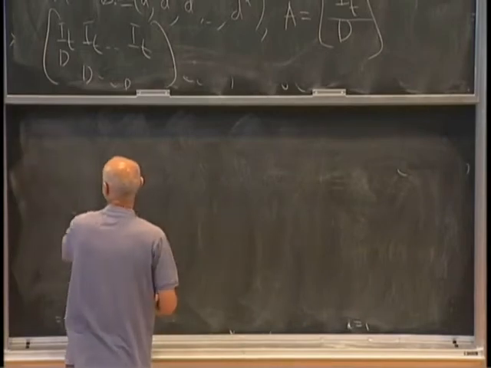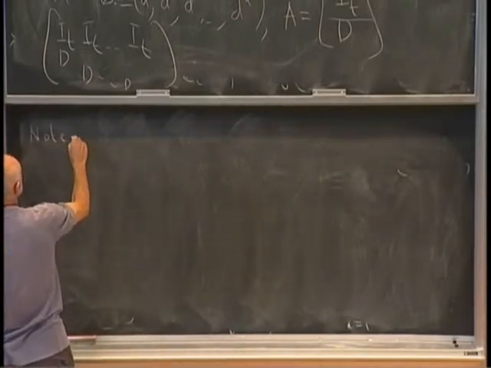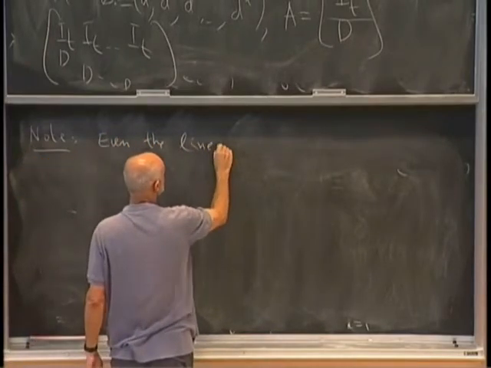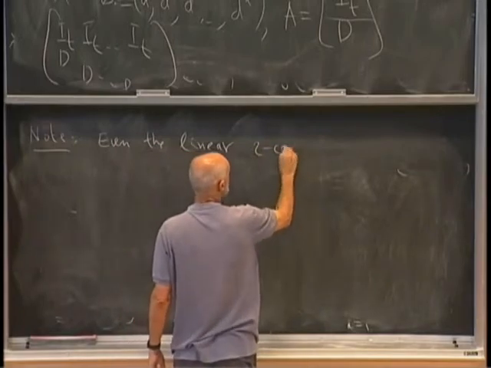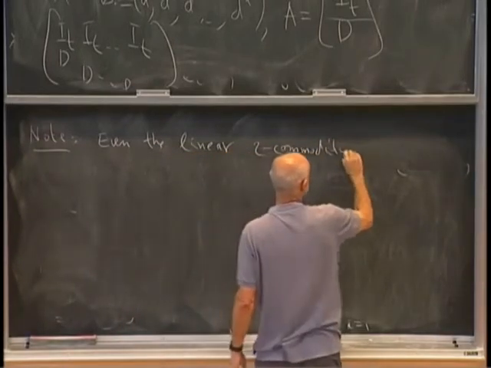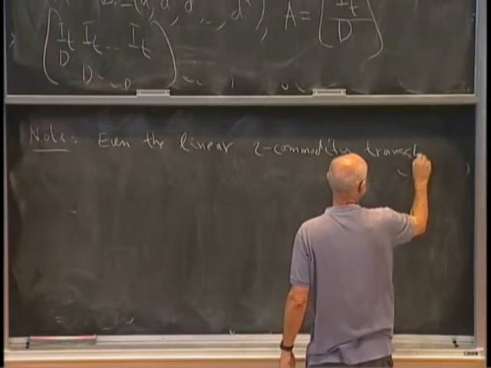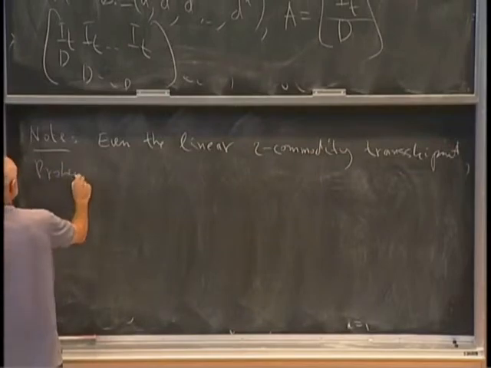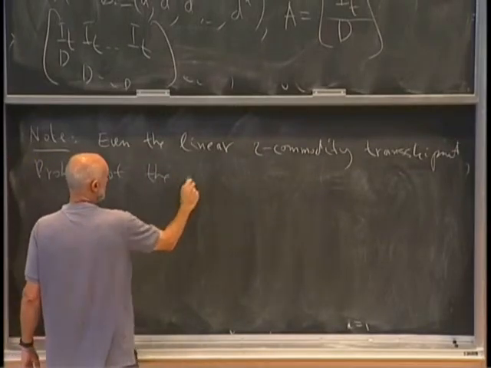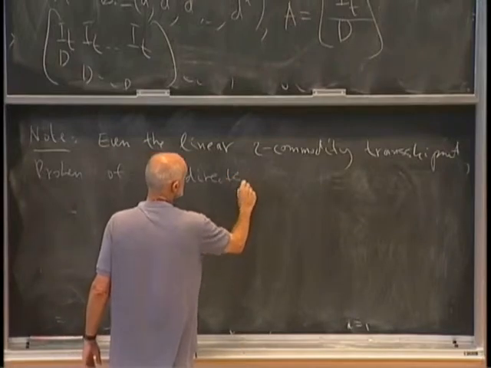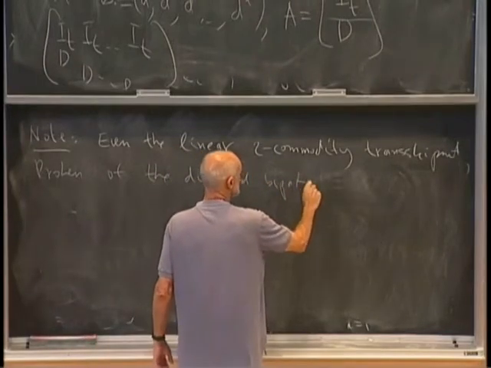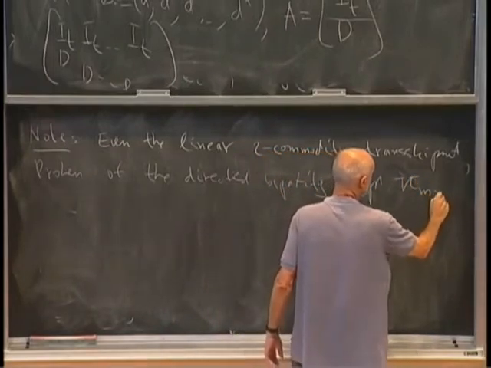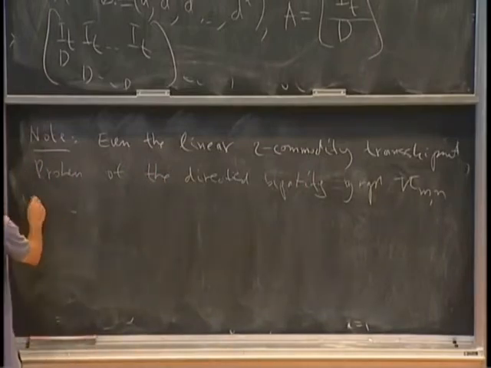So here is a note. Even the linear feasibility, the linear two-commodity transshipment problem over the directed bipartite graph K3,N is NP hard.